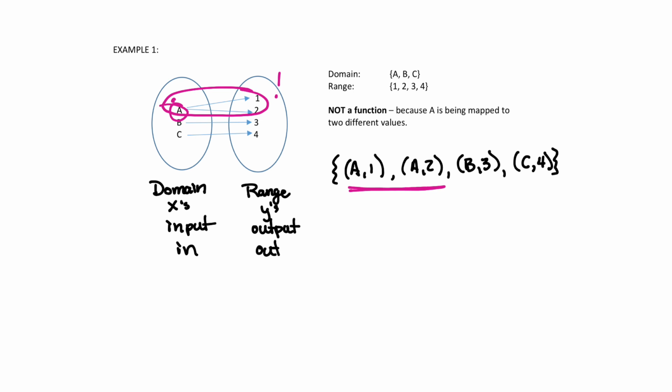So when you have a in your x position twice with two separate numbers after it is where the problem happens. If I put a into my function box, 1 would come out. But if I put a in my function box, 2 comes out. So the fact that two different numbers come out makes it an issue. That's telling us that two arrows are coming off of it.